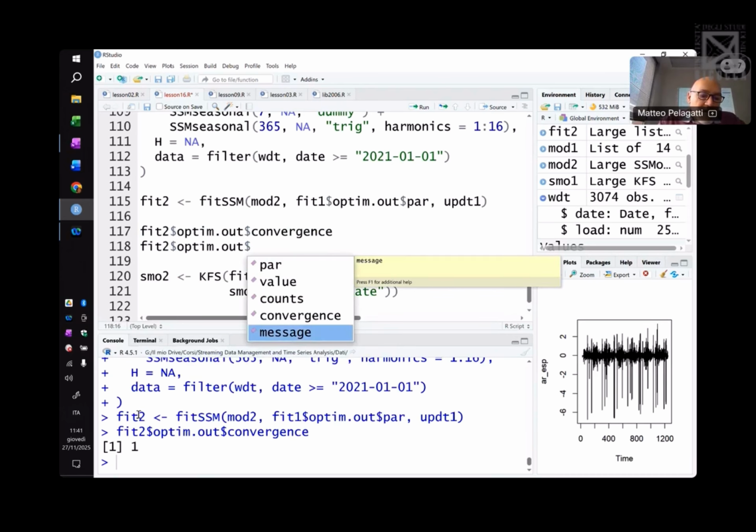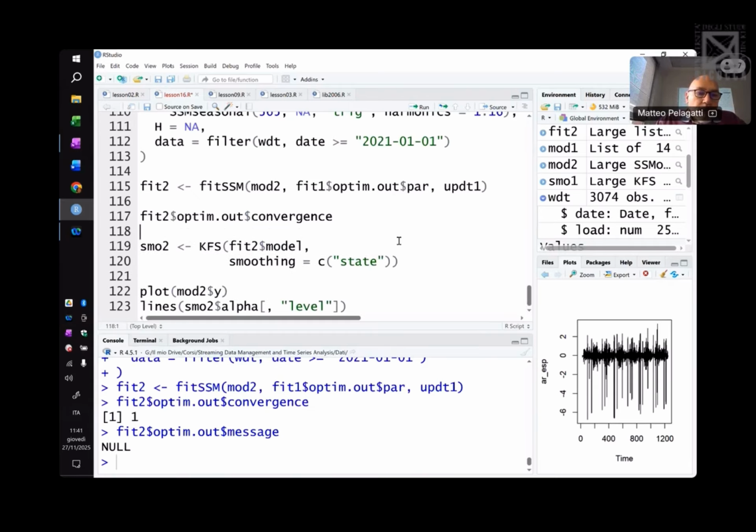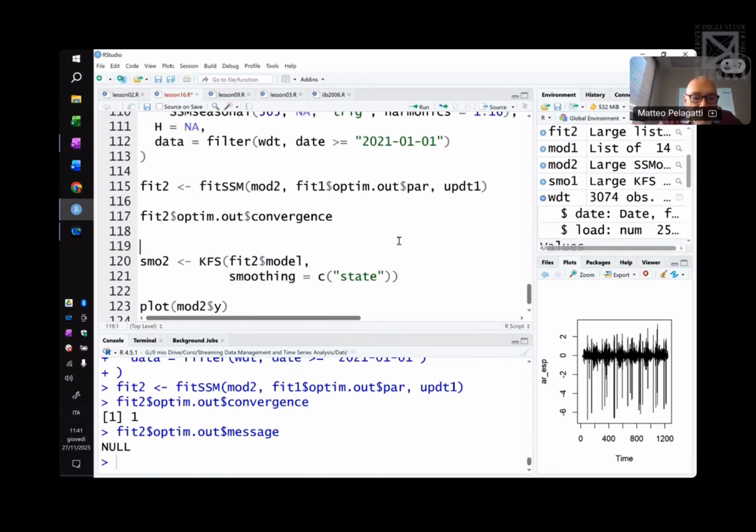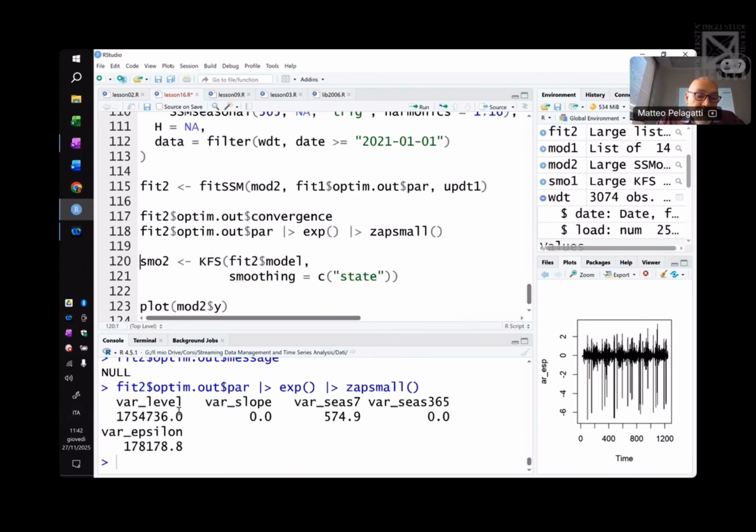Well, no, in this case, the message doesn't give you. But anyway, 1 means that the maximum number of iterations was reached. We can also check the variances if we want. Well, the message is it's almost the same as the other model. So the slope doesn't change, and the 365-day seasonality doesn't change.